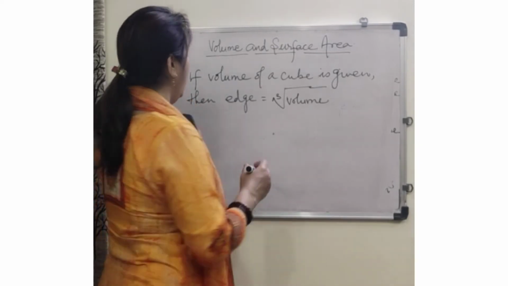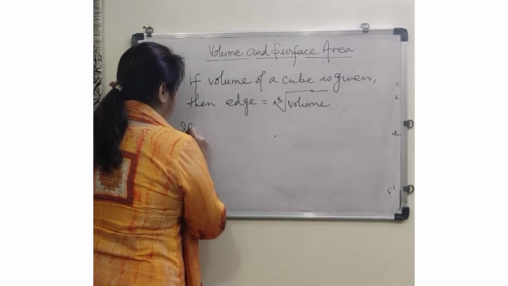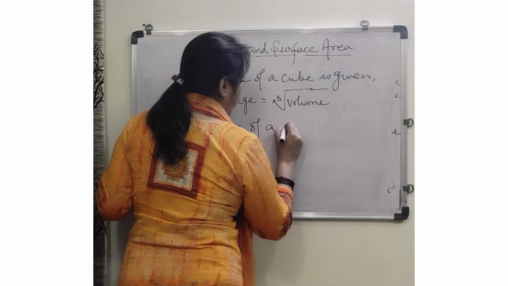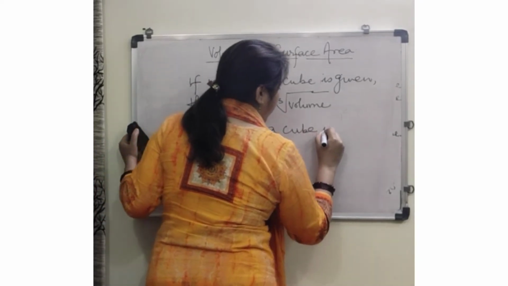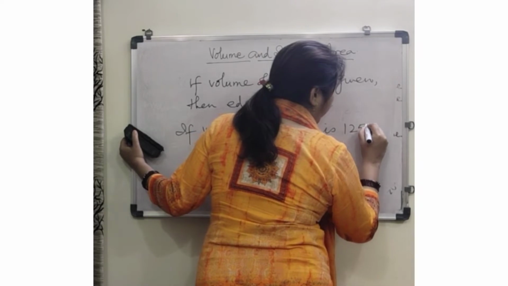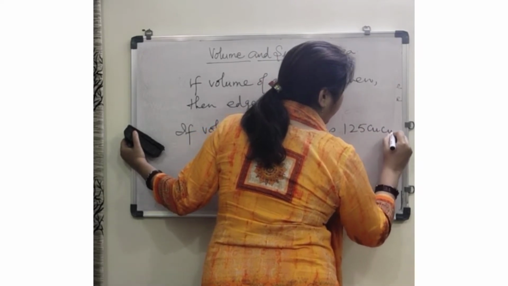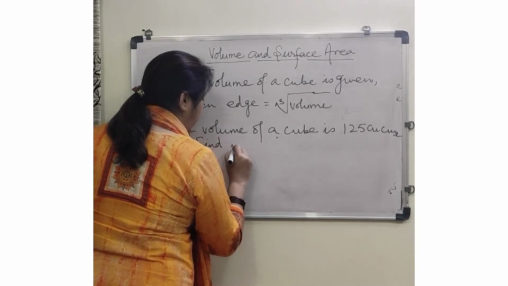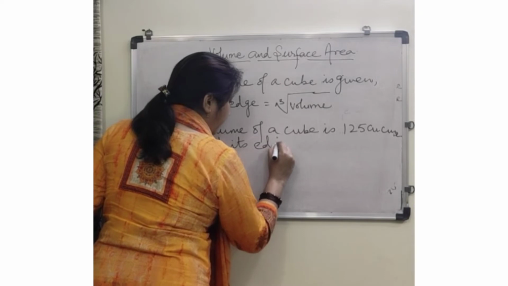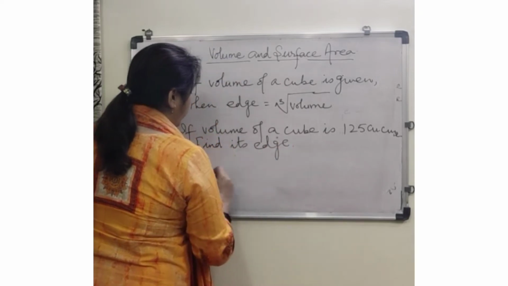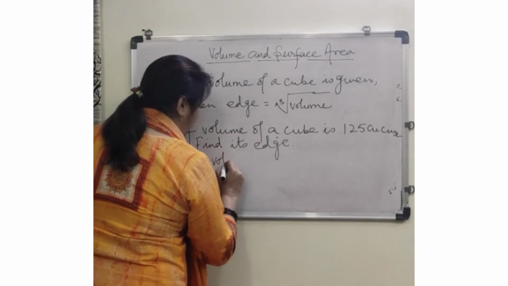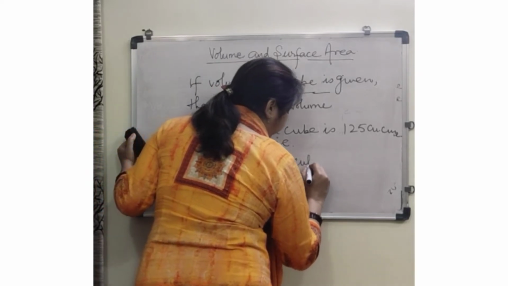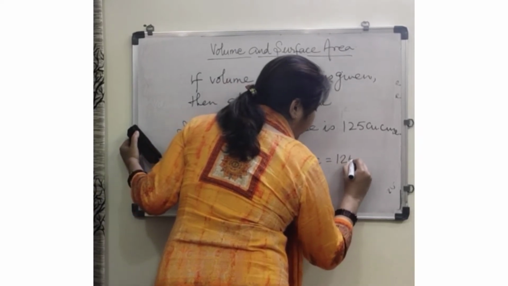For example, if volume of a cube is 125 cubic centimeter, find its edge. So children, what will you write? You will write volume of a cube is equal to 125 centimeter cube.